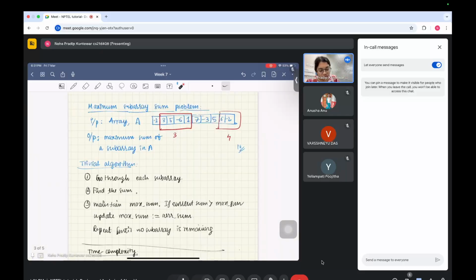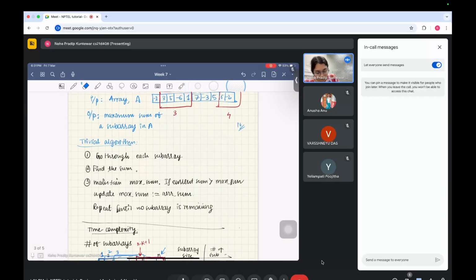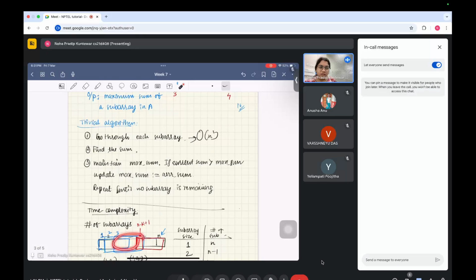So you have order n square many subarrays here. Finding the sum, how much time does it take? If I give you a subarray and tell you to find the sum, it will take at most linear time, right?